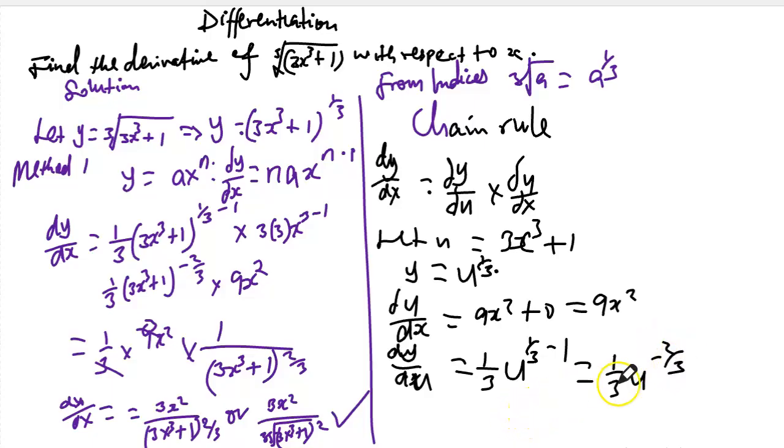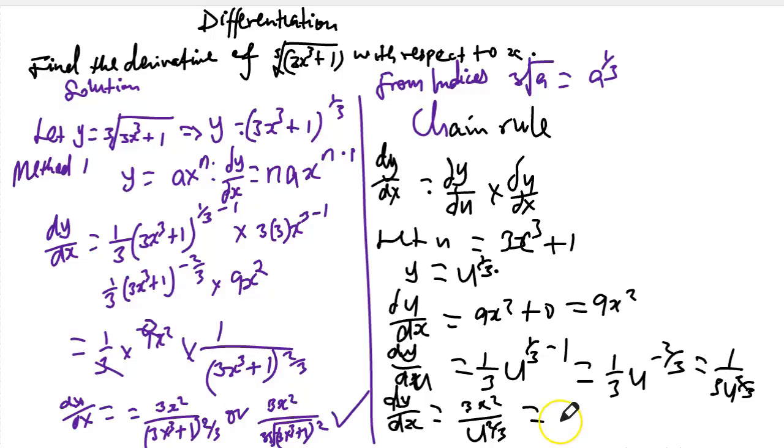So this is equivalent to 1 over 3 u to the power 2 over 3. So dy/dx in this case gives us 3x squared all over u to the power 2 over 3.